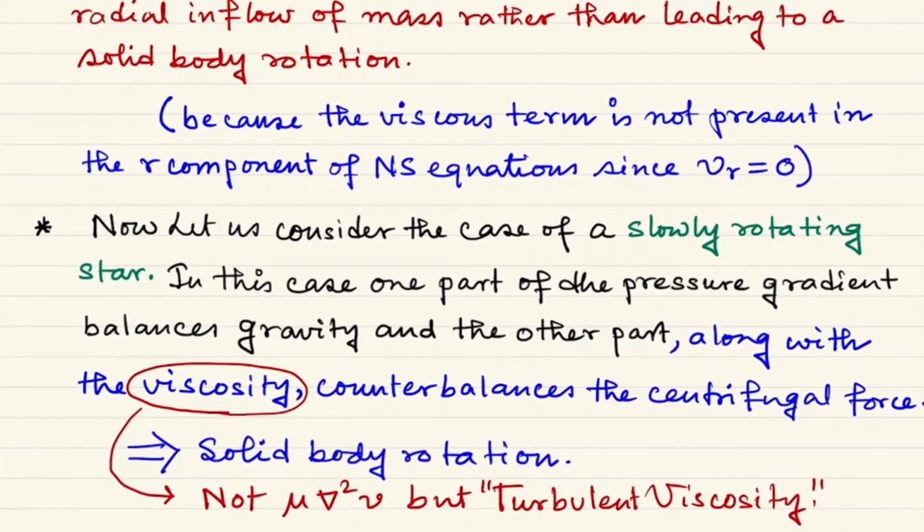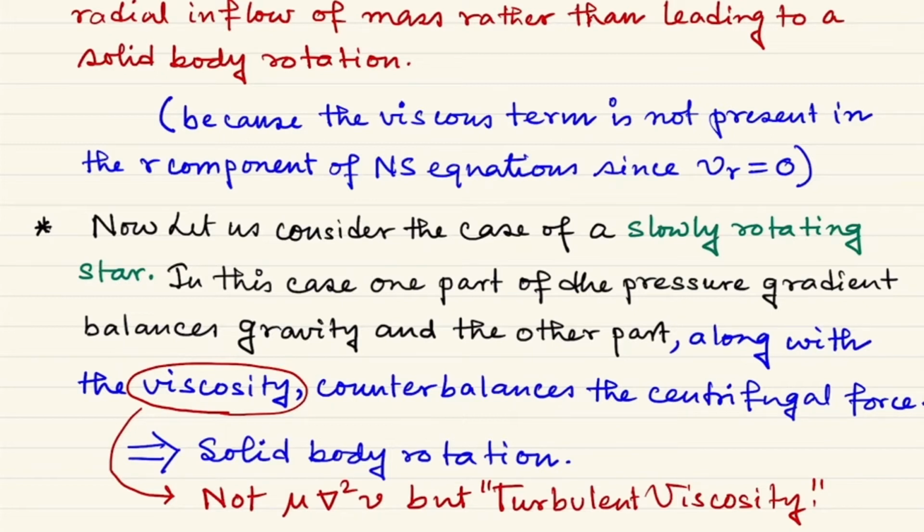Now that was the case for the accretion disk or spiral galaxy. Now what happens if we consider the case of a slowly rotating star? In this case, one part of the pressure gradient balances the gravity. In the previous case, the pressure gradient force was negligible; the centripetal acceleration was provided by gravity, and that led to the Keplerian motion, thereby sustaining a differential rotation.